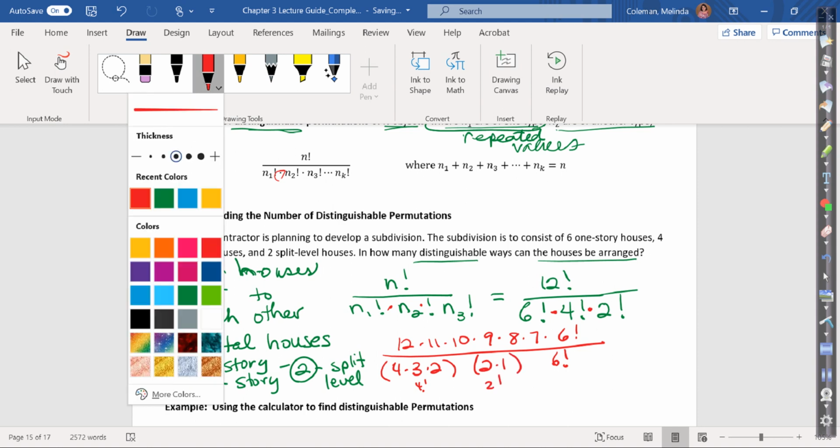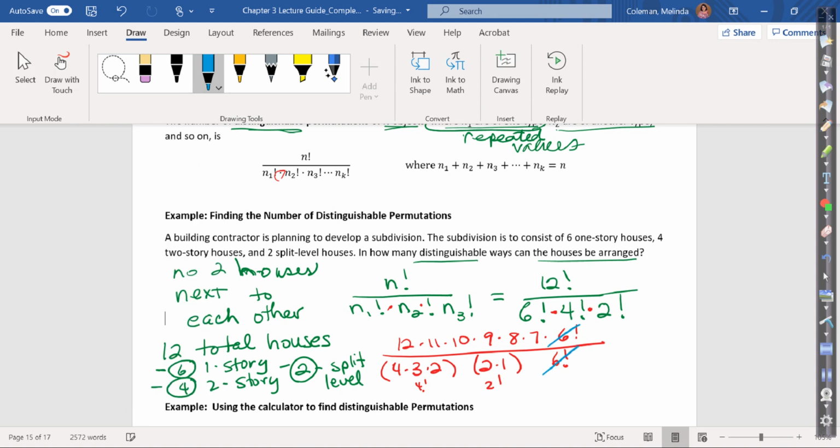And doing the secret magic stuff with the math, the 6 factorials cancel out. Here I have 4 times 3, which is 12, and we cancel it with this 12. 2 goes into 10 5 times. 2 goes into 8 4 times. And this is sort of shortcutting it. So I would have 11 times 5 times 9 times 4 times 7.